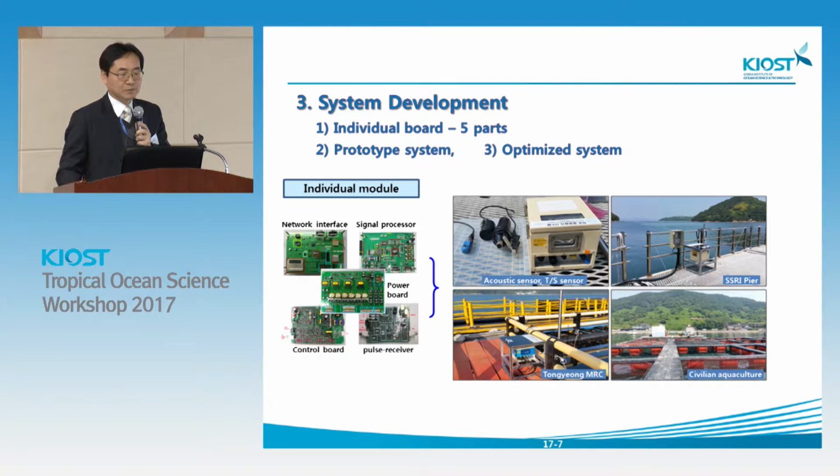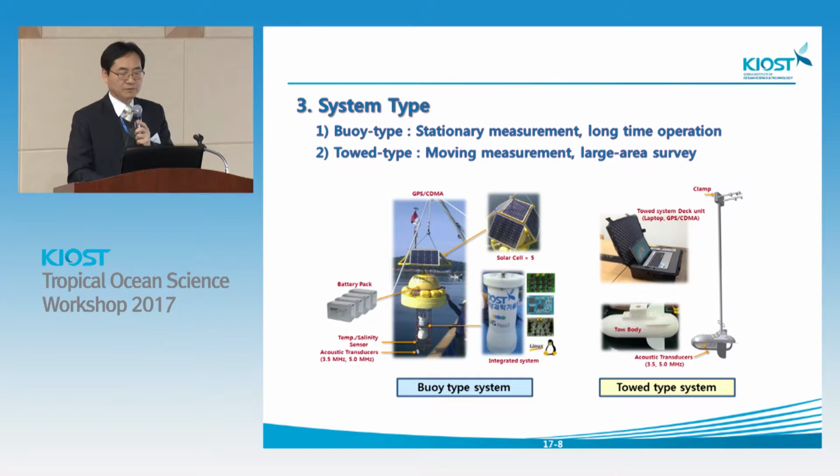We made the prototype, and then we went through optimization, and now we have a very small sensor. This is the buoy type, and this one is the towing type. We made this sensor much smaller. Now it is about 30 centimeters long and 15 centimeters in diameter.